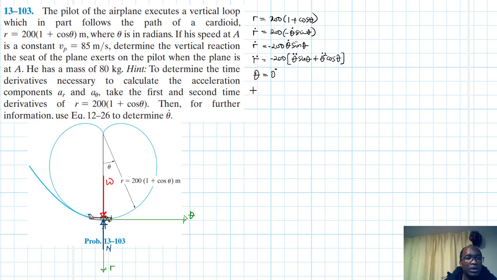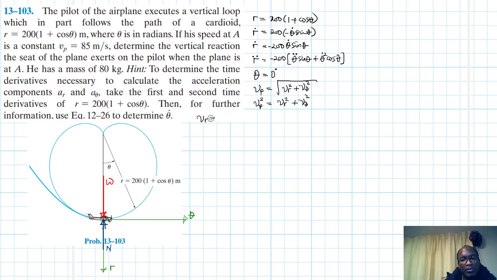But theta dot we can compute from our constant velocity, vP, which is just equal to the square root of v_r squared plus v_theta squared. Therefore vP squared is equal to v_r squared plus v_theta squared.